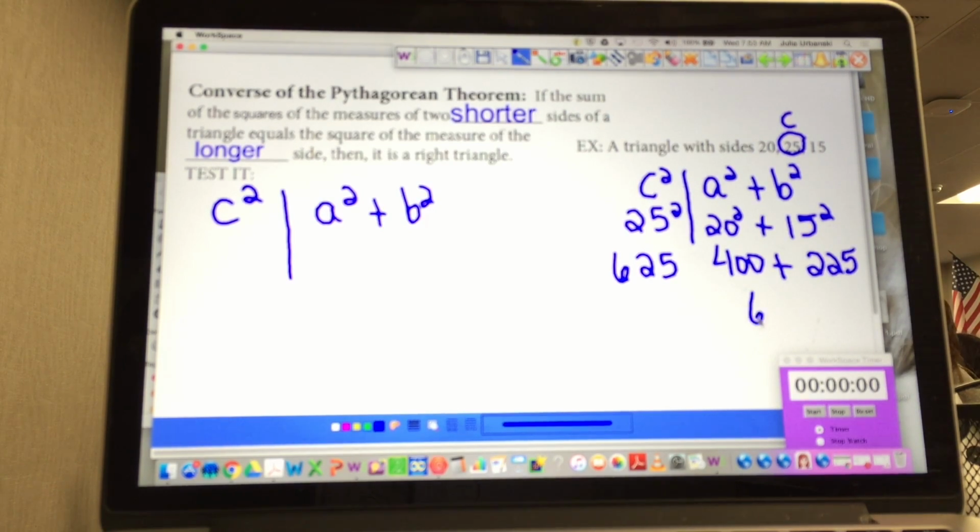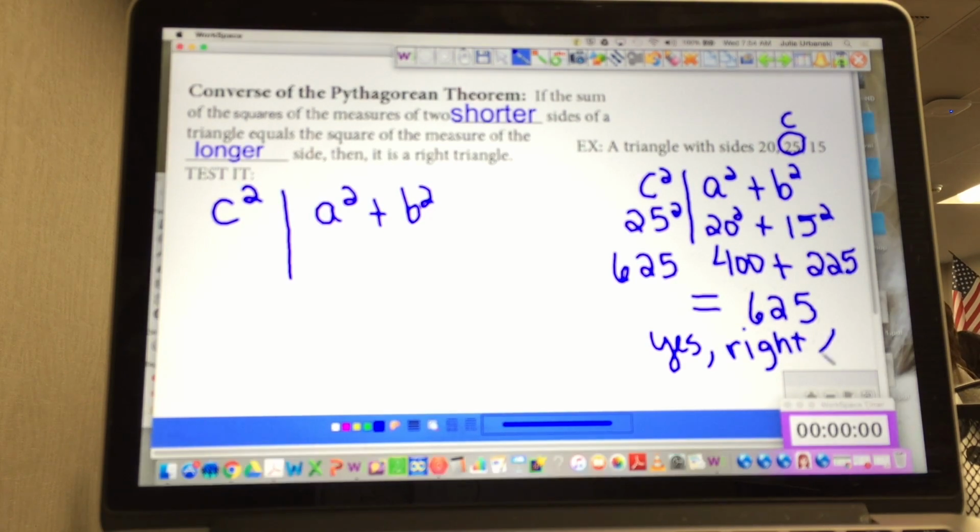That comes to 625. So now that you know both sides are the same, you can put an equal sign here. And you can say, yes, it's a right triangle. There will be times, though, where it's not a right triangle, and that's what I'm going to show you today. Any questions on that example?